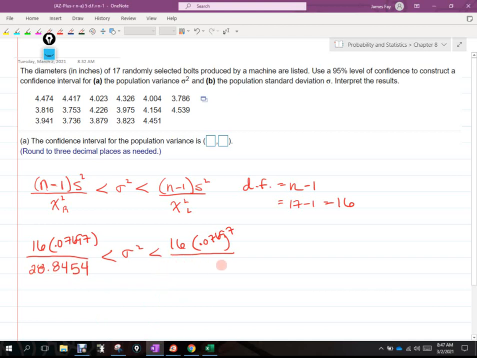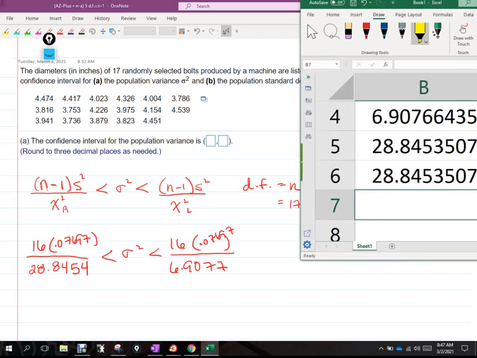And then this one needs to be the 6.90777. I'm just going out far enough, because it wants it to the third decimal place, so I need to make sure that these are large enough, okay? And I may not have gone far enough. Might even want to go one more decimal place here. Is that okay?